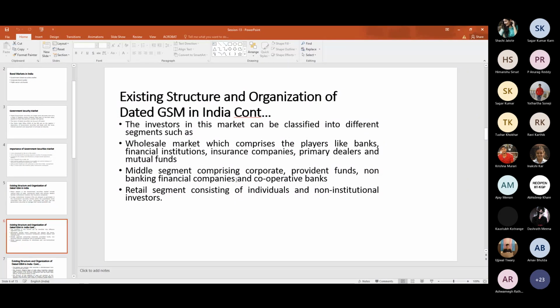In terms of size and participation, these segments have been considered. So we have a wholesale segment, a middle segment, and a retail segment, which consists of individuals and non-institutional investors. This is the way this market is segmented.